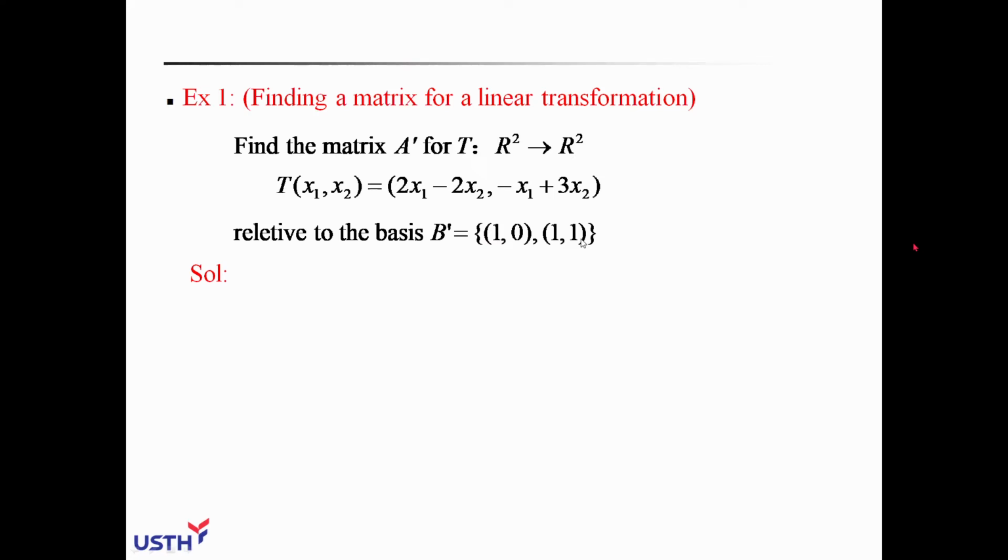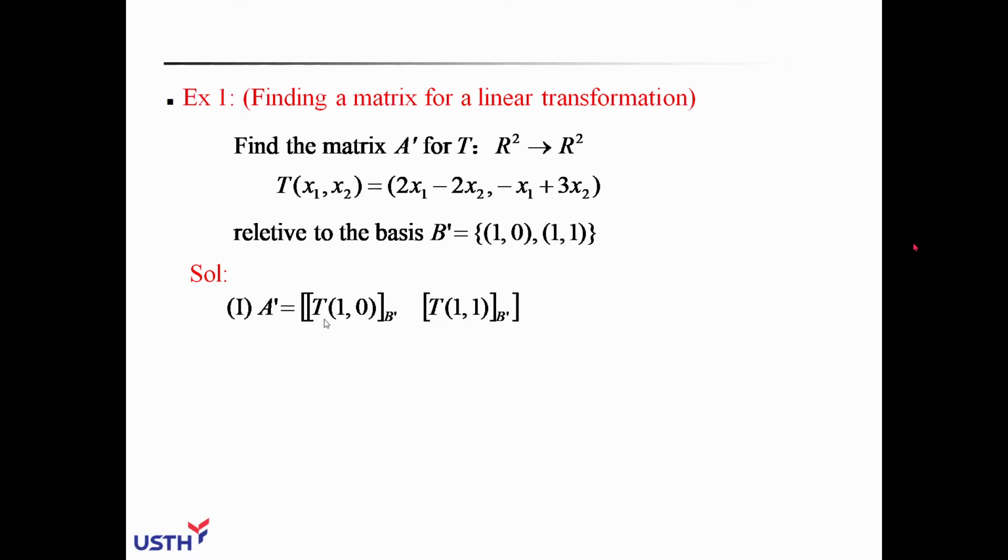And the example requires you to find the matrix A prime for T relative to the basis B prime. How can you do that? First one, A prime will be that one, T of that. That is the first solution. We do the direct calculation.